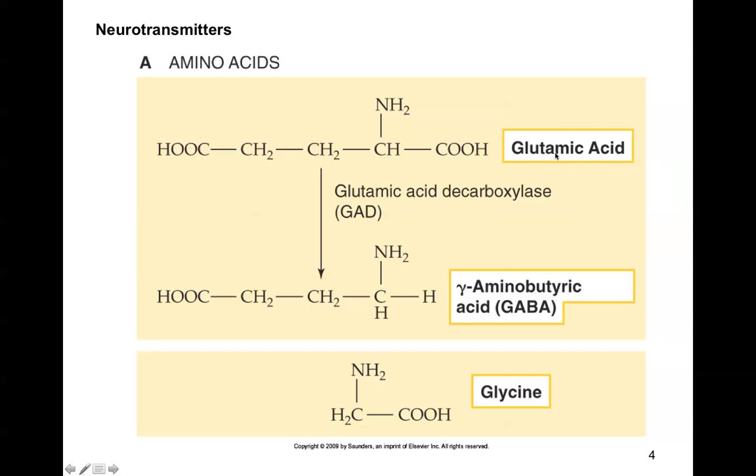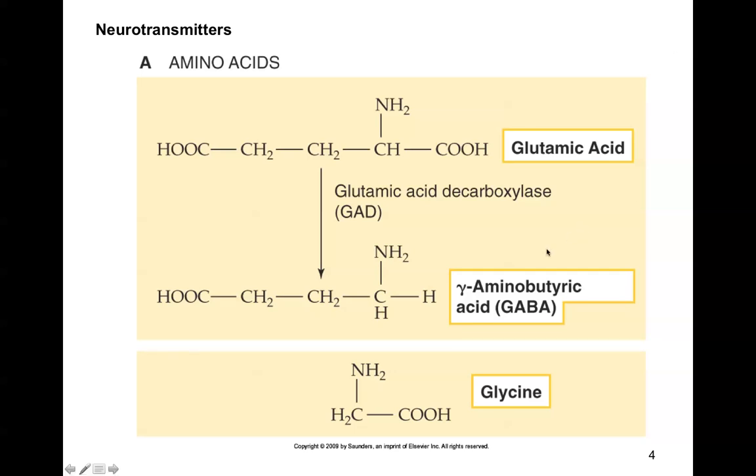Glutamic acid is a stimulatory neurotransmitter, and it is actually the ubiquitous stimulatory neurotransmitter that we see in the central nervous system. Nearly every excitatory synapse, nearly every excitatory cell releases glutamate. So it is the general workhorse for stimulation in the brain.